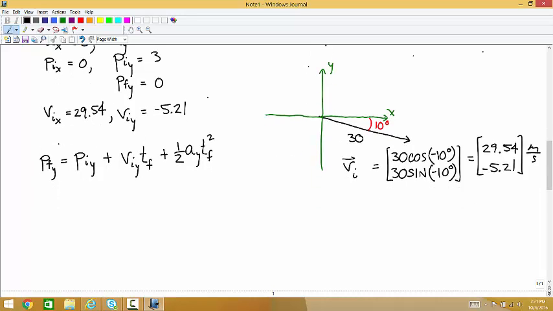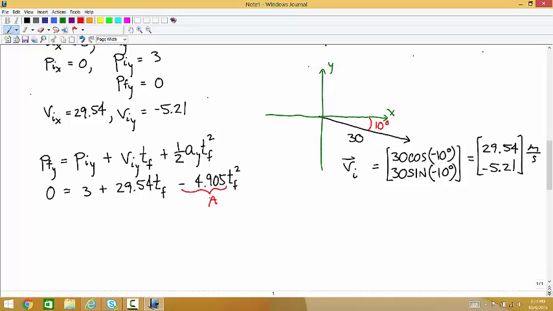Okay, so 0 is equal to 3 plus 29.54 TF minus 4.905 TF squared. And we can use the quadratic formula for this.